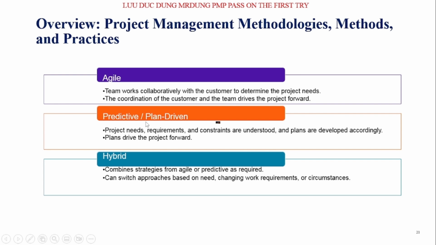Predictive, or plan-driven, or waterfall, or traditional method: project needs, requirements and constraints are understood and the plan is approved accordingly. The plan drives the project forward. We have a hybrid method.